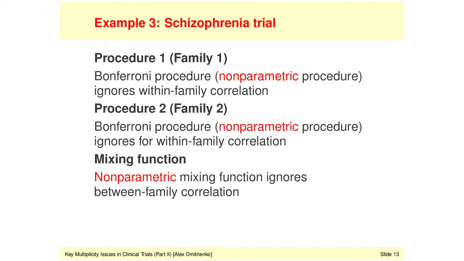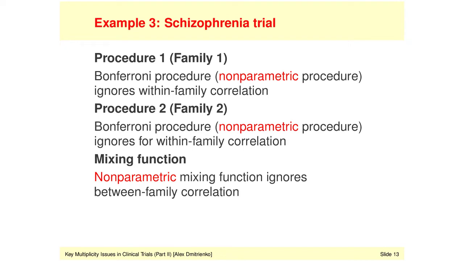Using the schizophrenia trial example, which was example 3, on this slide, we're going to define the most basic type of a mixture-based gatekeeping procedure. We can think about this gatekeeping procedure as a non-parametric gatekeeping procedure that completely ignores the relevant clinical information that comes in the form of distributional information, the information about the joint distribution of the hypothesis test statistics.